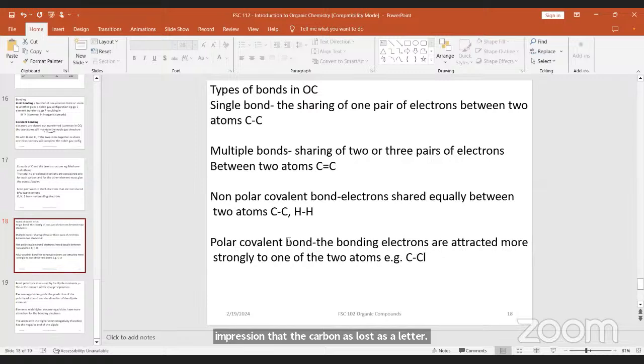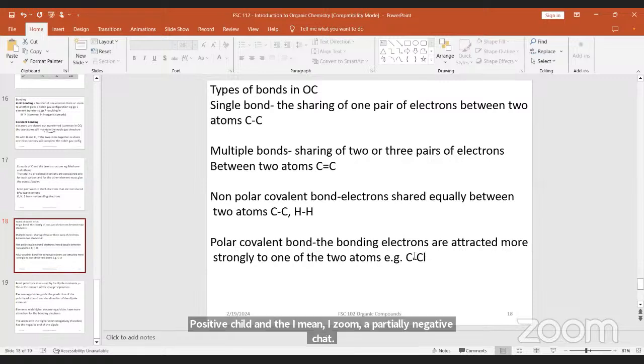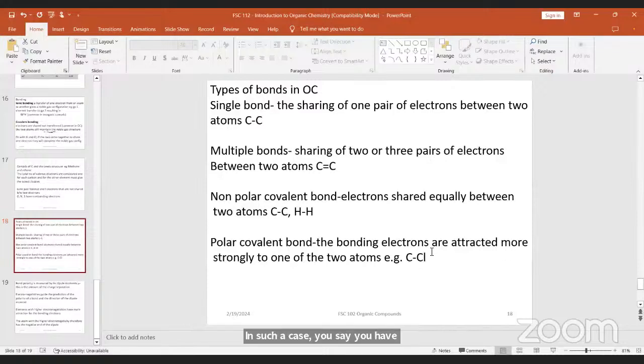Though it has not lost it, unlike what we have in ionic bonding, whereby electrons are totally lost and gained. But for this sort of compound, we say it is partially ionic because the electron that even the carbon brought is closer to the chlorine. So the carbon here, we assume a partially positive charge, and the chlorine we assume a partially negative charge. In such a case, you say you have a partially ionic covalent bond or polar covalent bond.